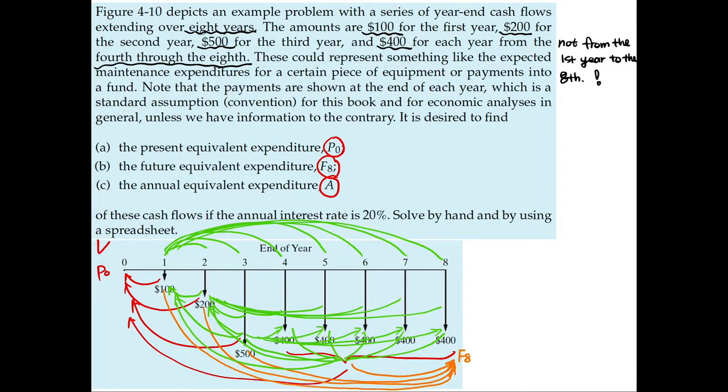Okay, so the first question, question A, what is the present equivalent expenditure of all these cash flows? So find the P0. Question B, the future equivalent expenditure.